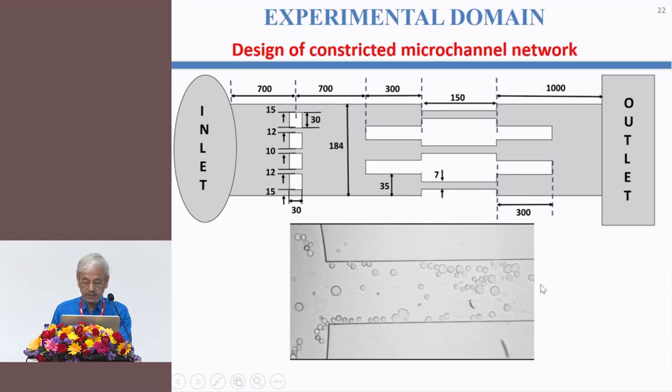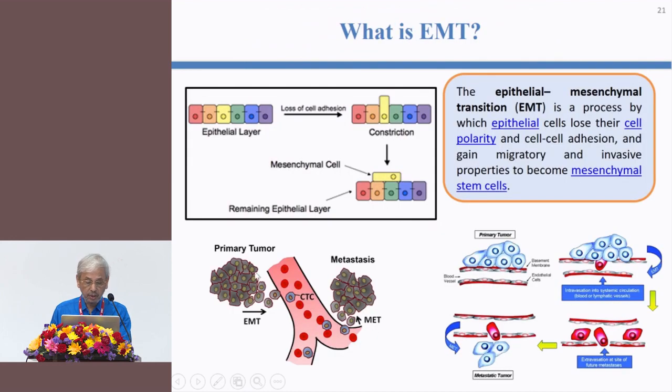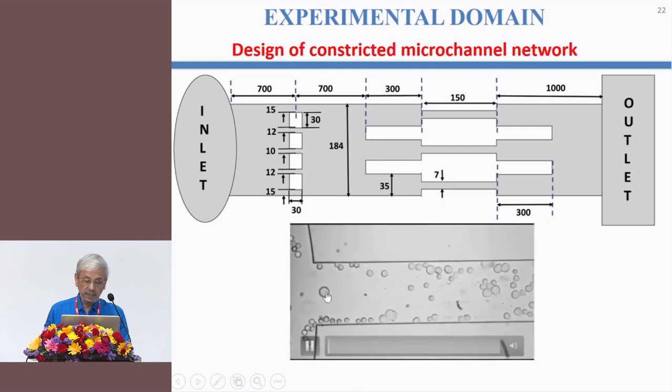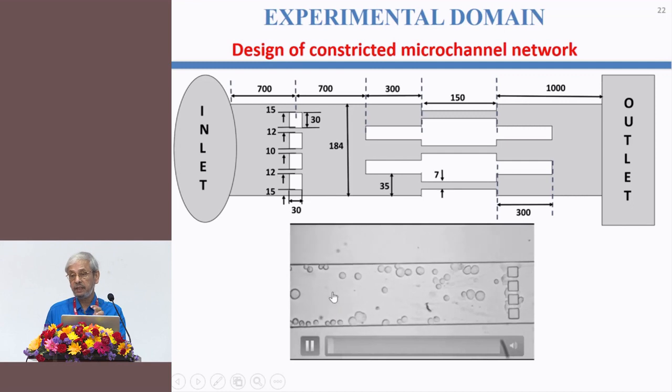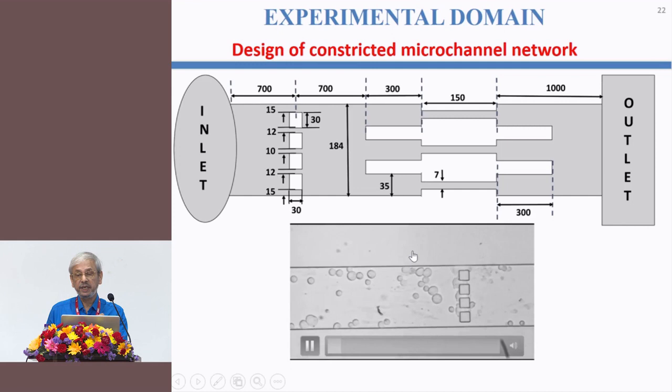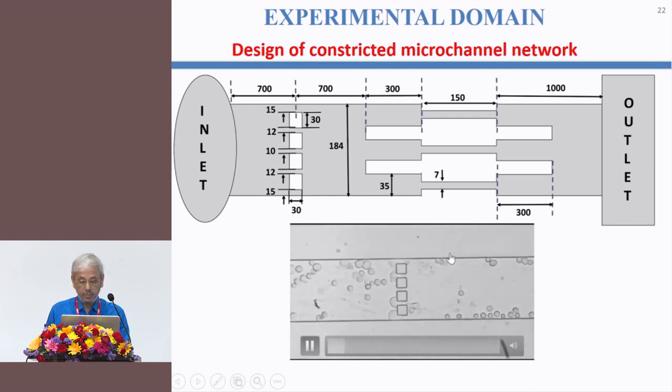And this network of capillaries is mimicked in this way. This is again on a PDMS base. This complex channel and cavities were fabricated, and this time we could get real breast cancer cells. These are MDA-MB-468 cell lines. So you can see its growth, crossing one zone to another zone.